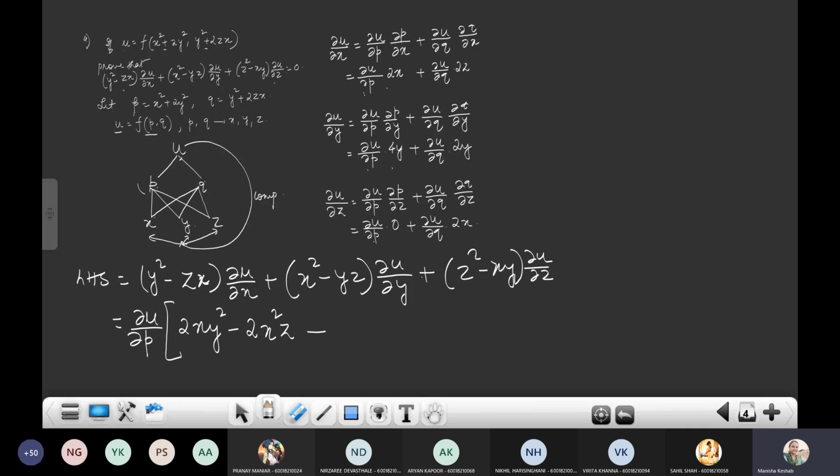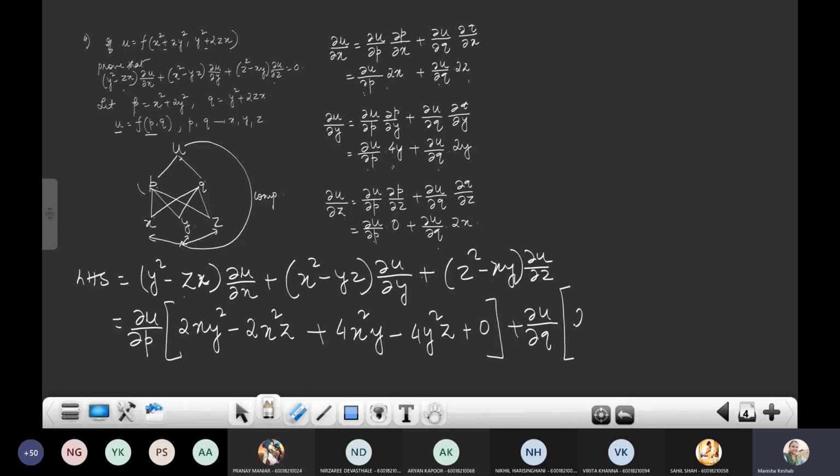Okay. Next, what will we get? x² − yz is this. So 4x²y minus 4y²z. Okay. Then with this I have 0. So this is with ∂u/∂p. Now next I have ∂u/∂q. So let me take ∂u/∂q common, and then again 2z into this.